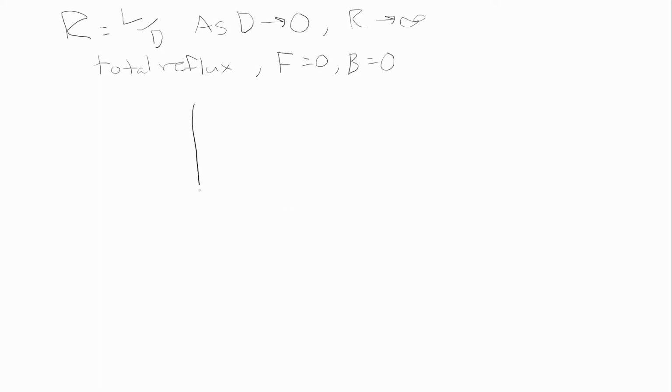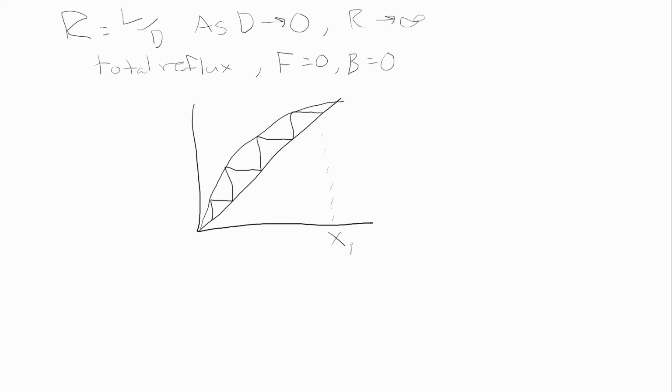And in this case, we can do our McCabe-Thiele diagram, and we showed that for total reflux, the 45-degree line is coincident with both the stripping section operating line and the rectifying section operating line. And there's no Q line because there's no feed, so we can merely stair-step as follows, between XD and XB.